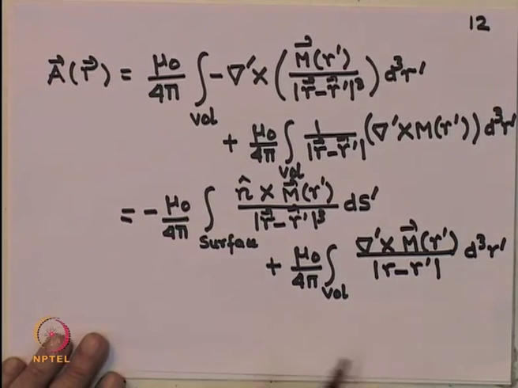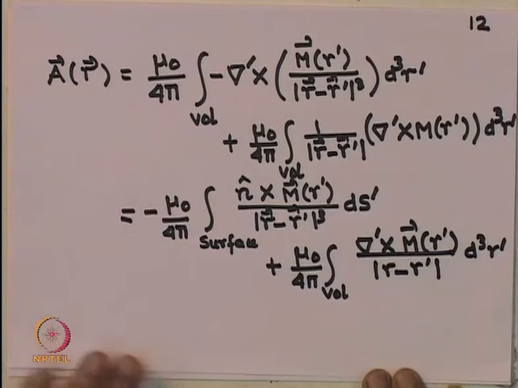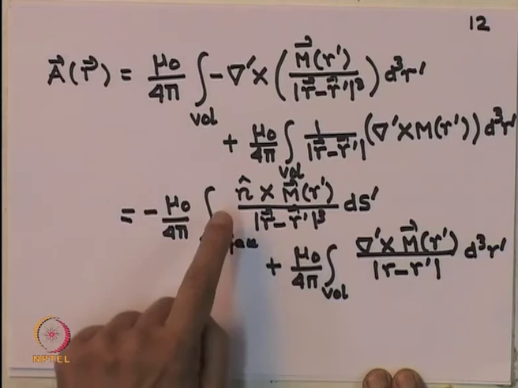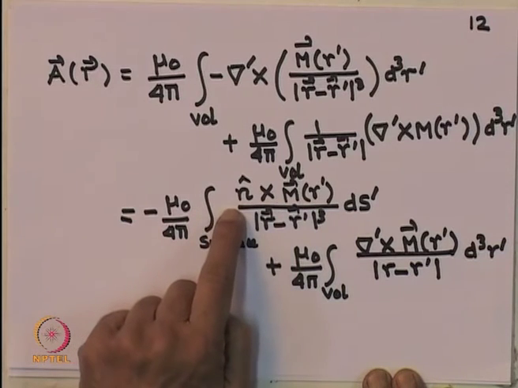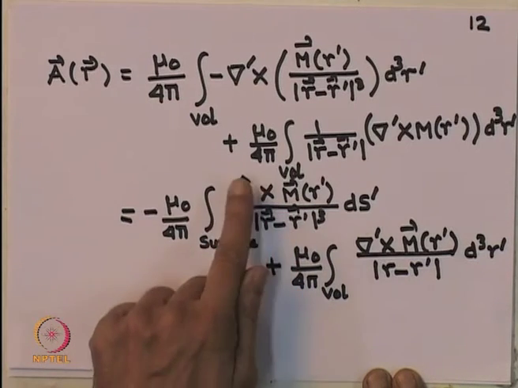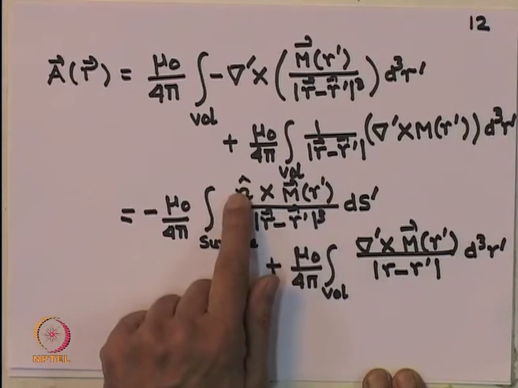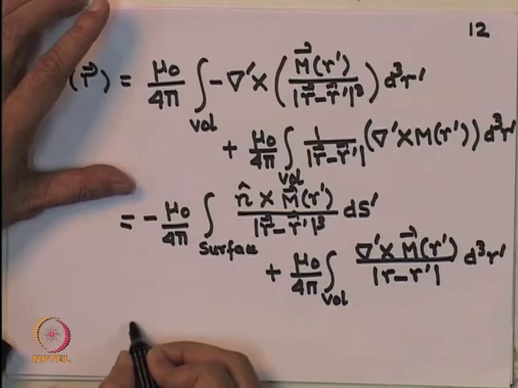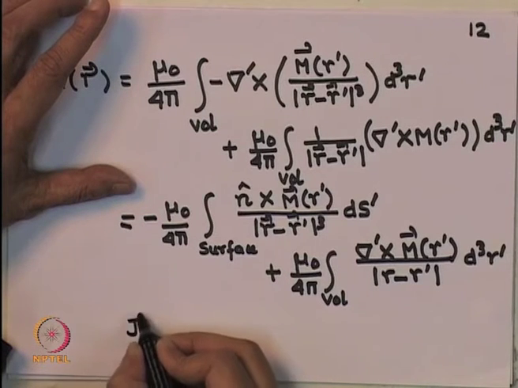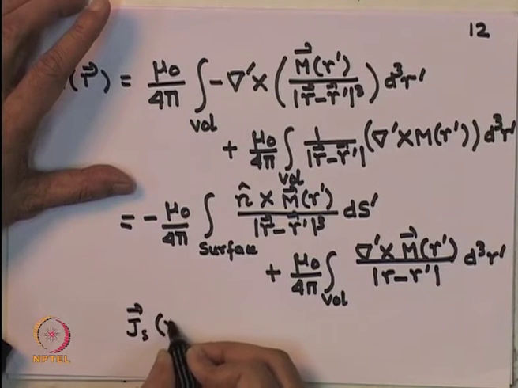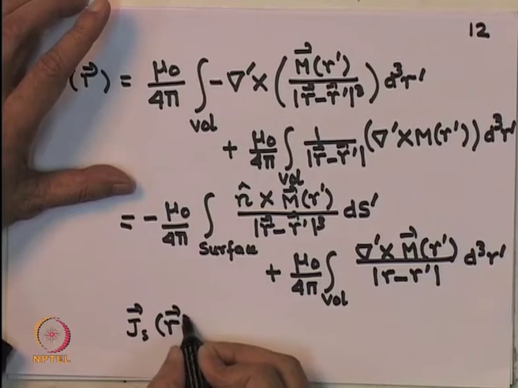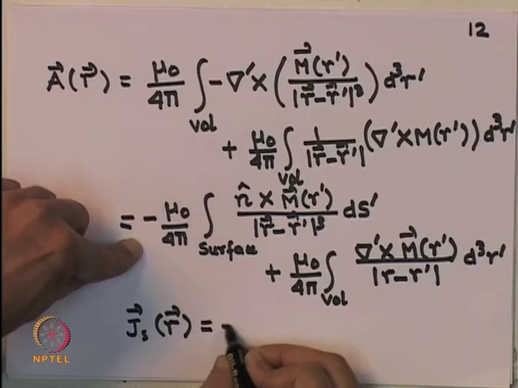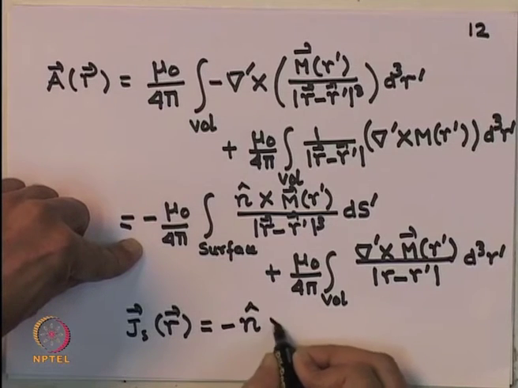You notice that there is a surface integral, and this is taking the role of a current, a surface current. So, I can define a surface current J s of r prime, or I am now changing it over to r, as minus n cross m of r.